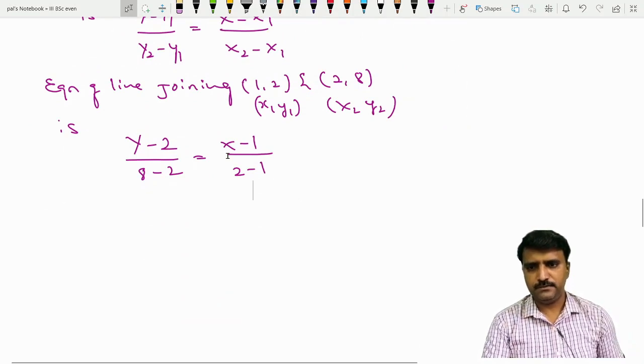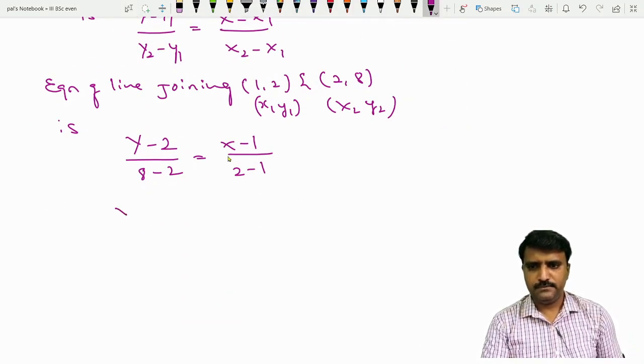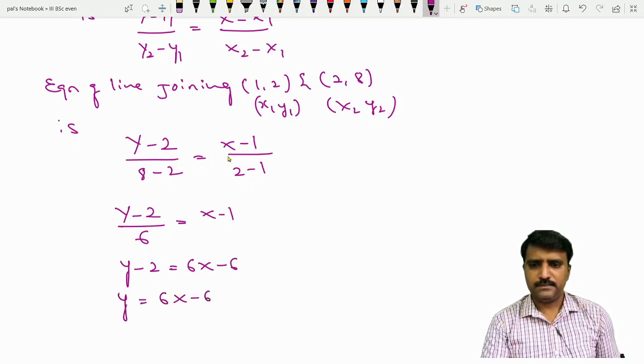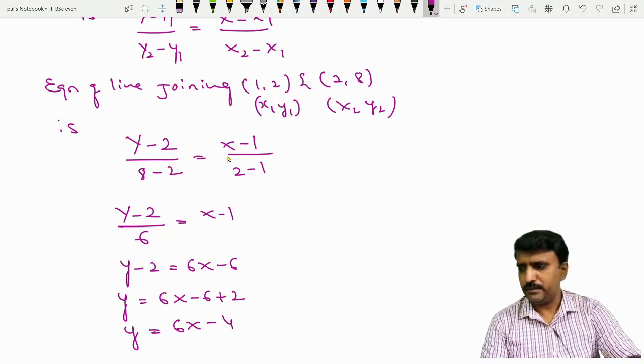So it is y minus 2 divided by 6 is equal to x minus 1 divided by 1. So y minus 2 is equal to 6x minus 6, y is equal to 6x minus 6 plus 2, that is y is equal to 6x minus 4.